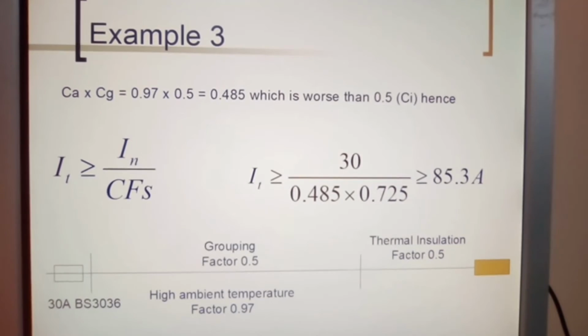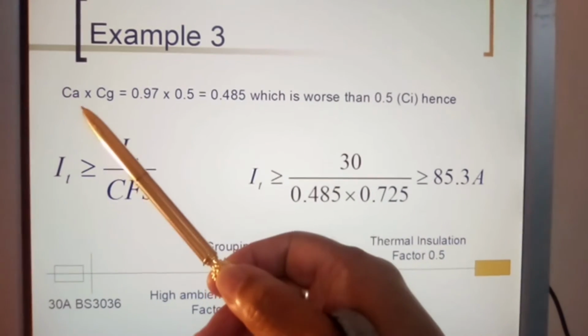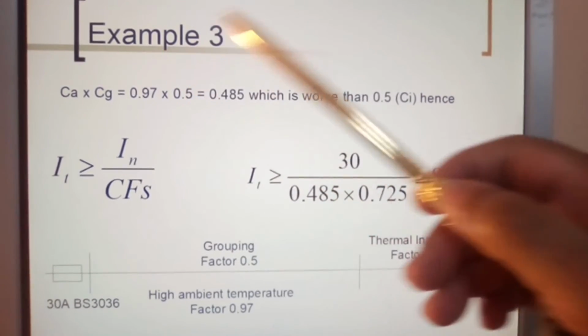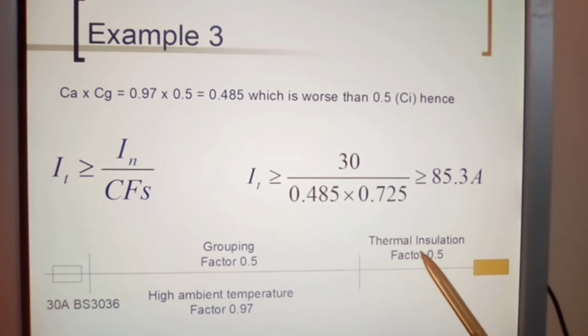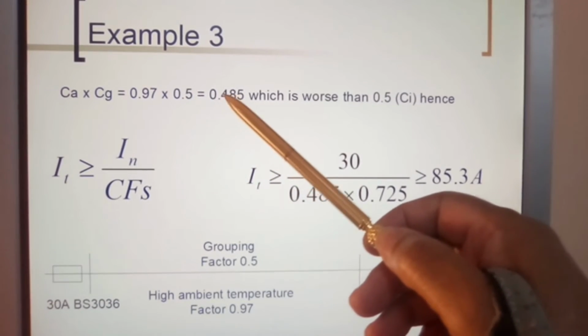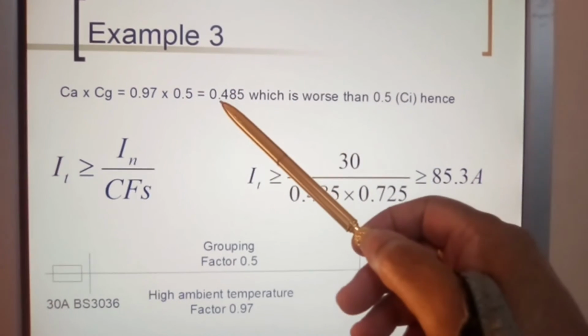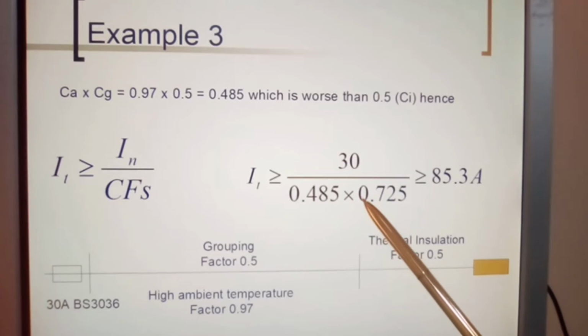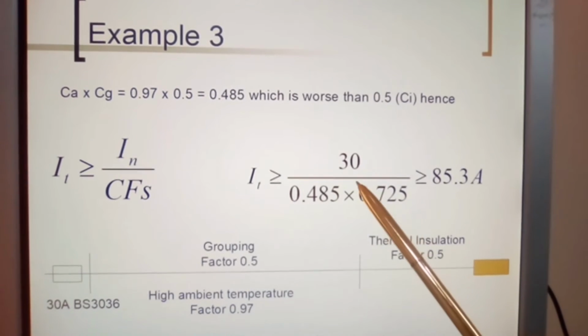Now example 3. CA times CG equals 0.97 times 0.5, which is your thermal insulation factor, equals 0.485. That's where that 0.485 is from, and 0.725 is applicable because it is BS3036.